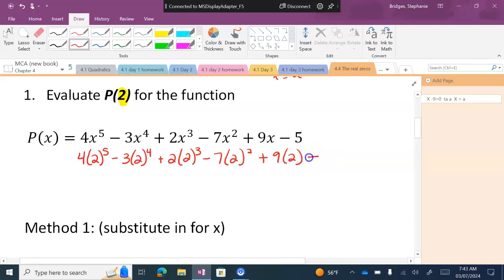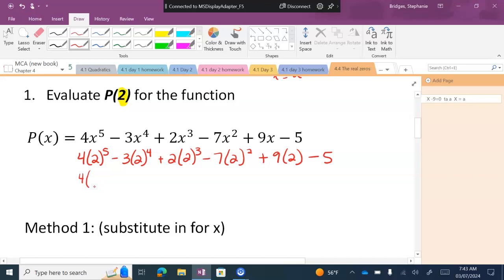Everywhere there's an x, I'm putting a 2. And then we would have to simplify that out, which means we would have to go through and do all of our exponents first before we do any multiplying. So that 4 is going to stay. I need to do 2 to the 5th power.